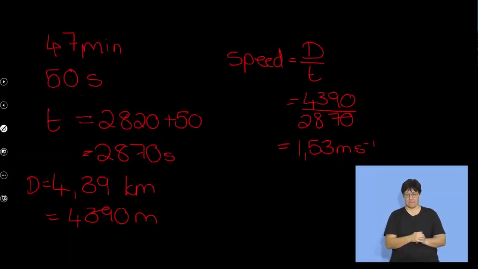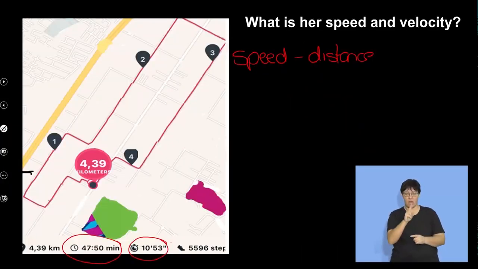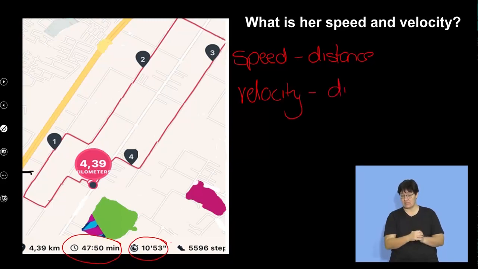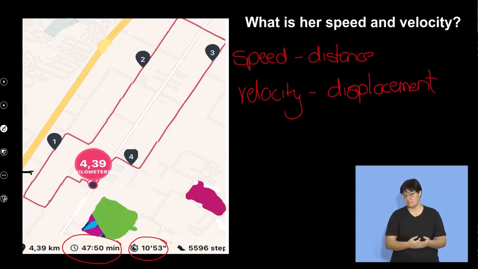The second part of this was, what is her velocity? Now, velocity requires me to use displacement. Okay. Essentially, she stopped and started at the same place. This doesn't bode well, okay?